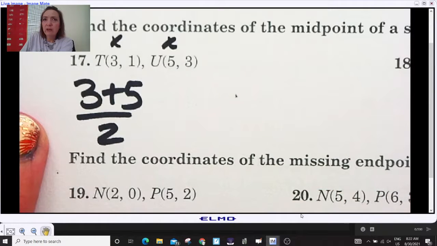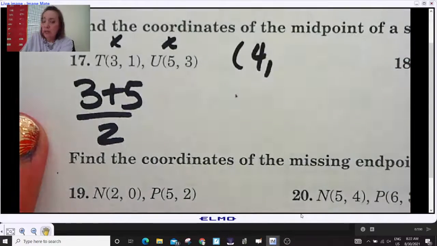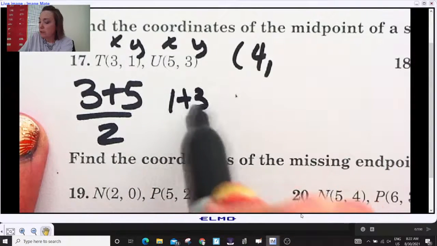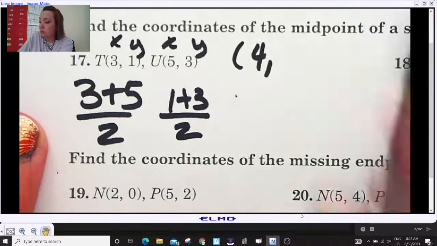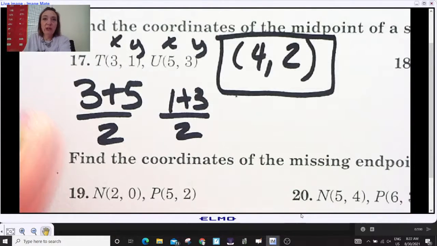What is 3 plus 5, divided by 2? So that's our X value, 4. And then we're going to take our 2 Y's, 1 and 3. 1 plus 3. Add them together and divide by 2. What's 1 plus 3, divided by 2? 2. And so this is our midpoint between those 2 points.